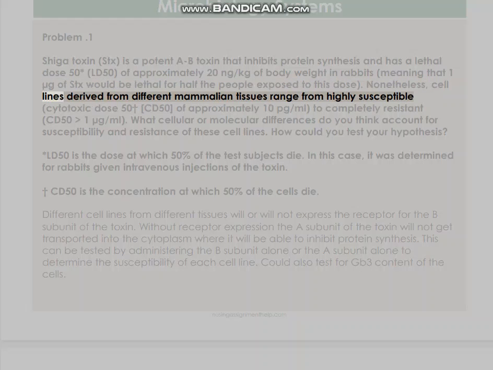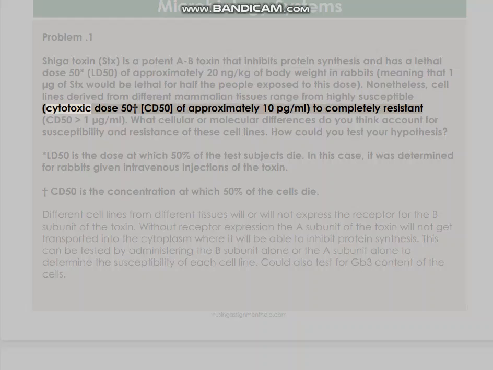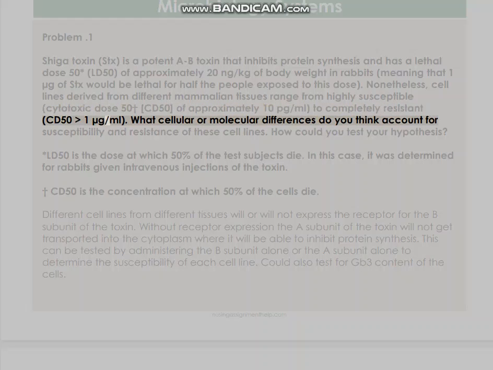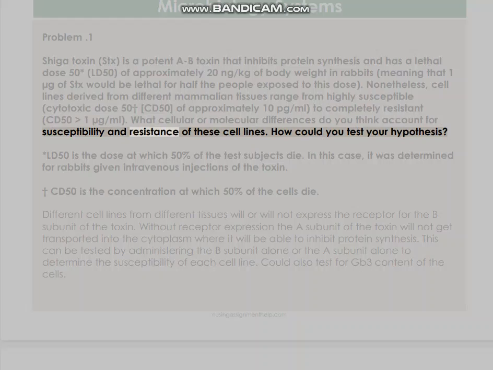Nonetheless, cell lines derived from different mammalian tissues range from highly susceptible, cytotoxic dose 50, CD50, of approximately 10 pg/ml, to completely resistant, CD50 greater than 1 g/ml. What cellular or molecular differences do you think account for susceptibility and resistance of these cell lines? How could you test your hypothesis?